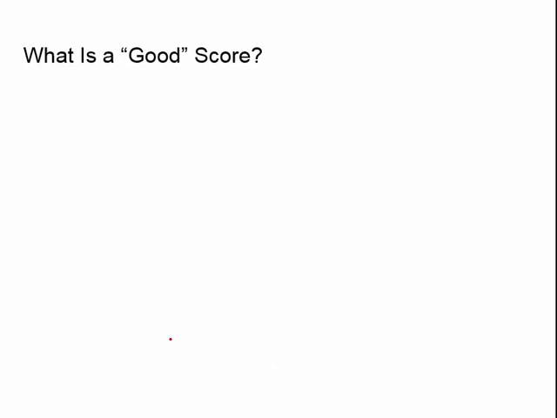So what is a good score? That is a common question among students, and the answer really does depend on whatever institution it is that you plan to apply to. Different institutions have different requirements, and you should definitely check to see what your band score should be for whatever you're using your IELTS score for.